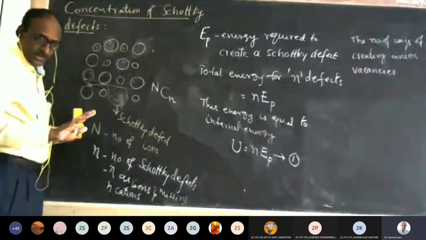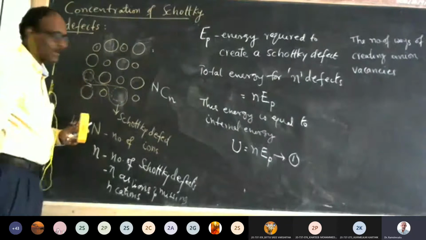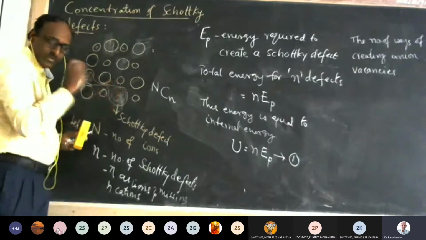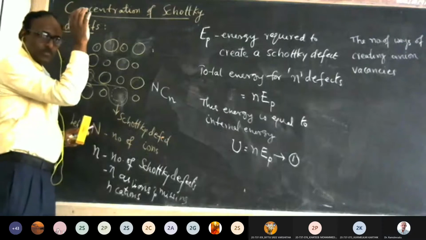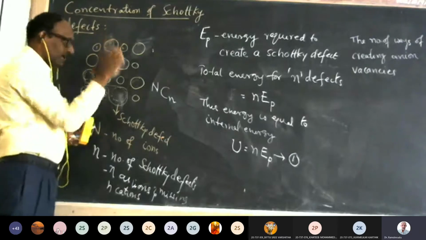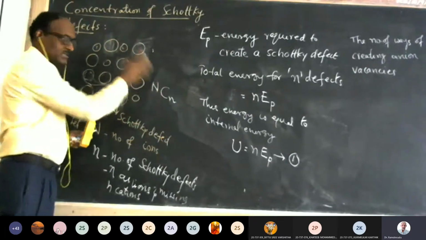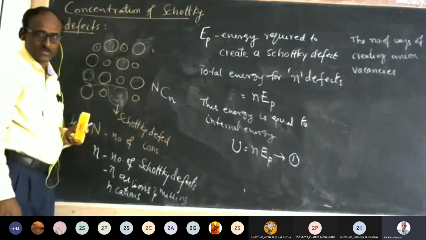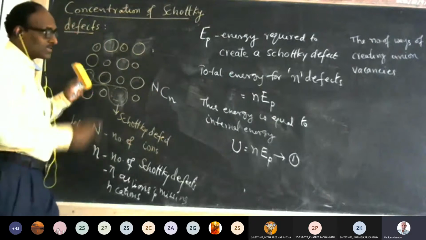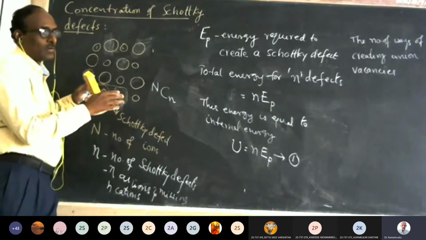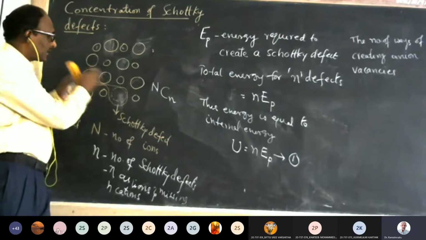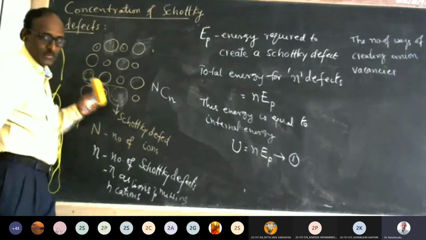I am not talking about cations. Later we will see cations. I can remove this cation first, or I can remove this, or I can remove this. So when I am removing these cations, there is a possibility of this many ways.